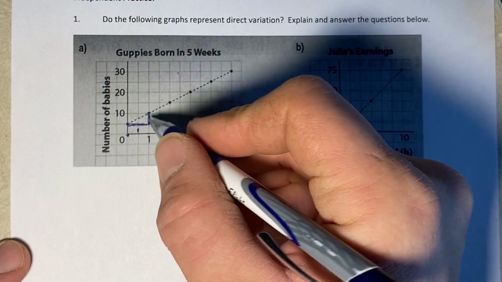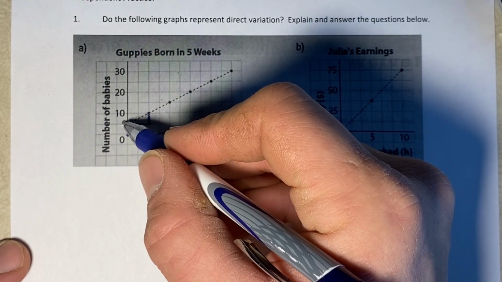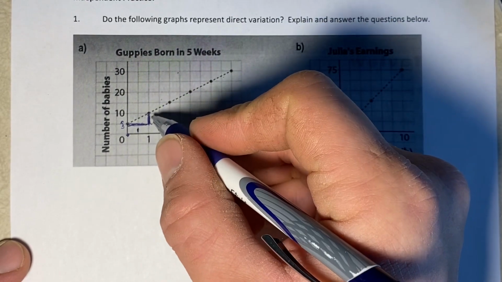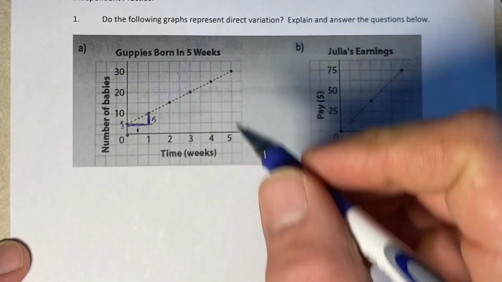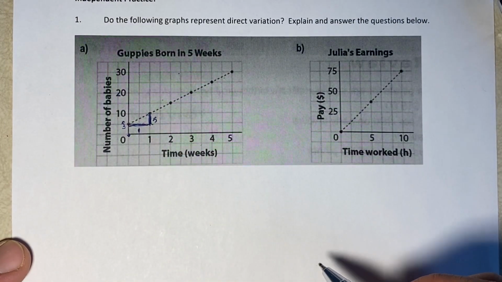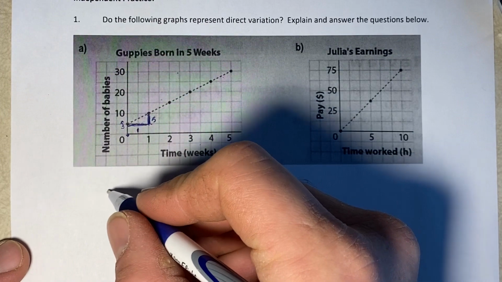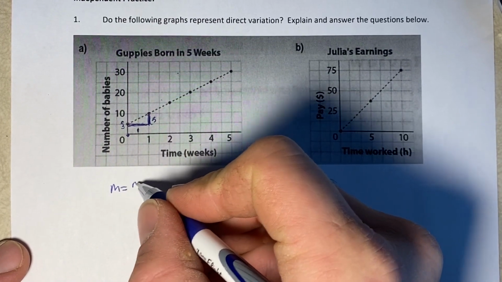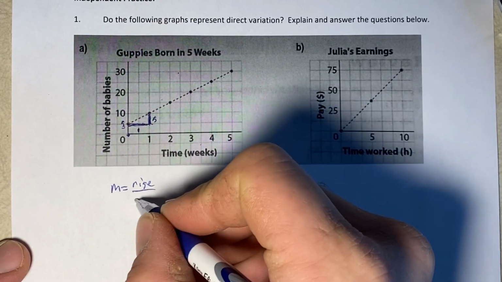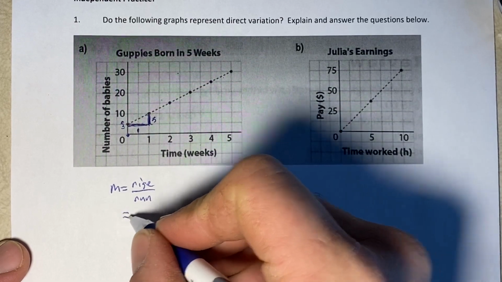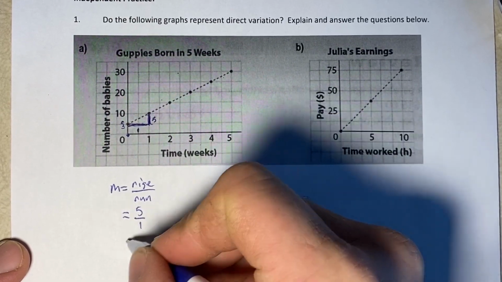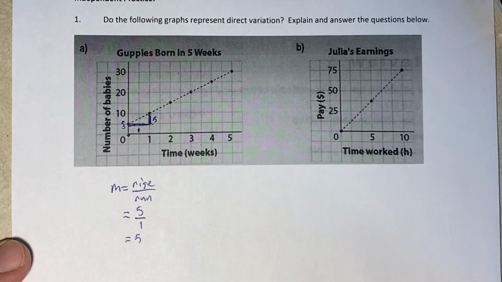Vertically, going from 5 to 10, is a rise of 5 guppies. So we can determine the slope. Remember, slope is rise over run, so in this case it's 5 over 1, or just 5.